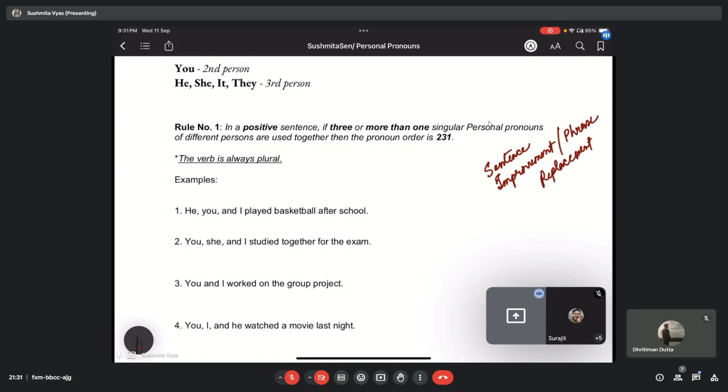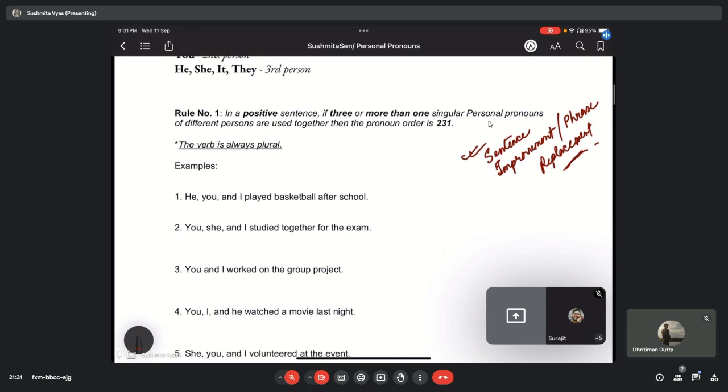Here you will be given questions like this. These are very confusing when you look at them. My God, there are so many pronouns. He, you, I, you, she, I, like that. So you have to know the correct order of placing the first person, second person, and third person. This is important for sentence improvement or phrase replacement.